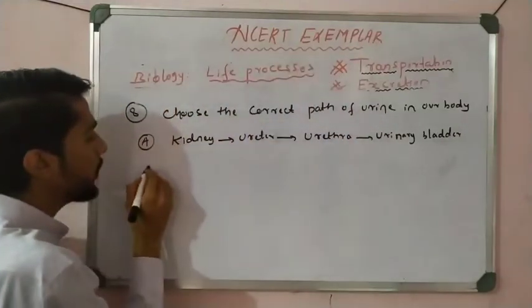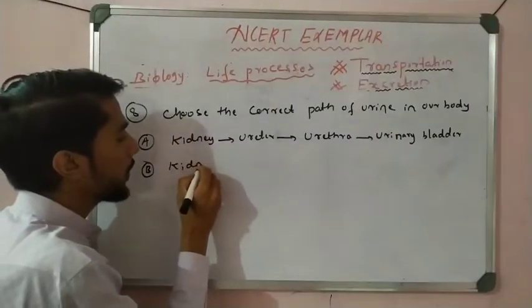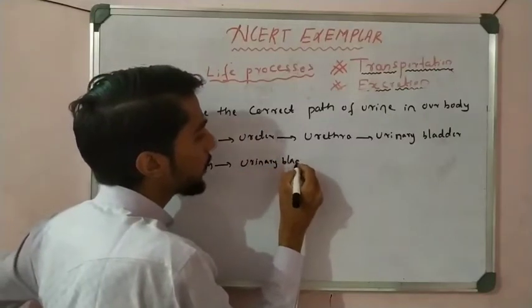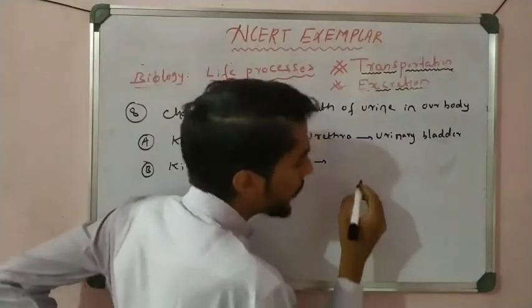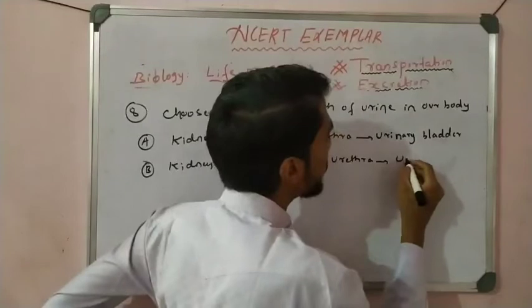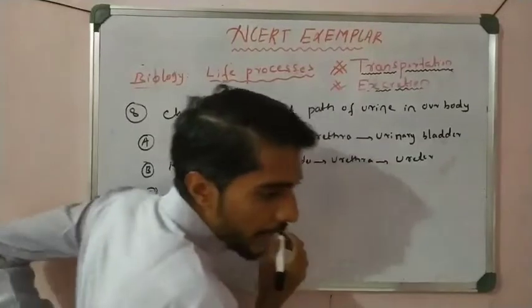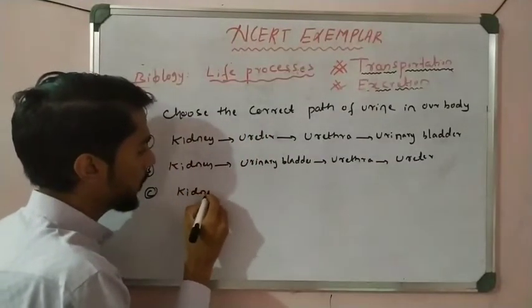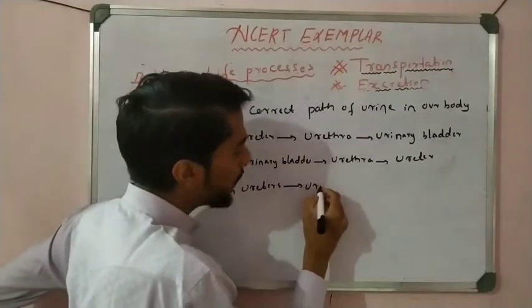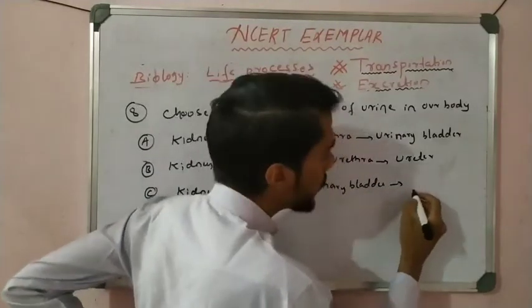Next, option B, kidney, urinary bladder, and then urethra, and then ureter. Now option C, kidney, ureters, then urinary bladder, and then last one, urethra.